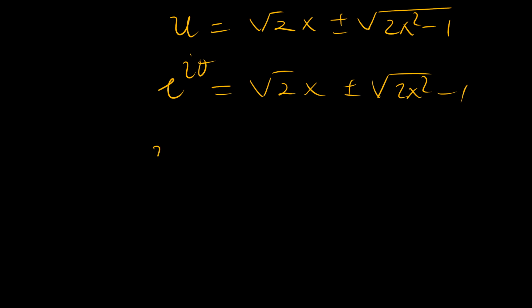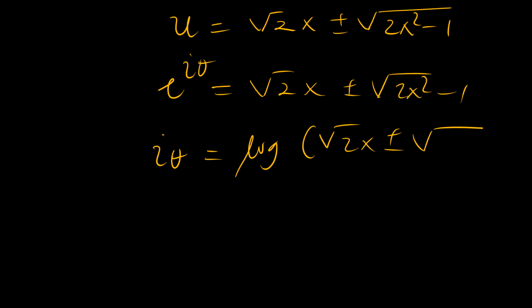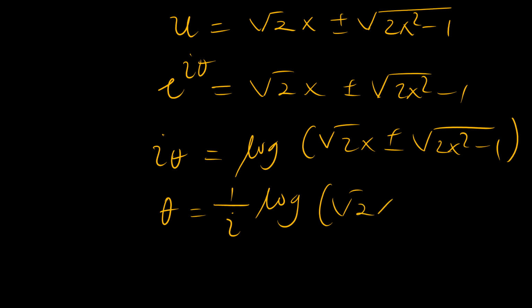And therefore, i theta is equal to, taking natural logarithm on both sides, such that theta is equal to 1 over i, natural logarithm of root 2 x plus minus the square root of 2x squared minus 1.